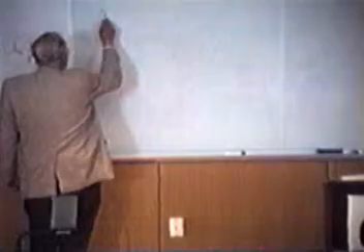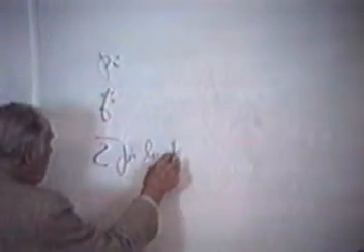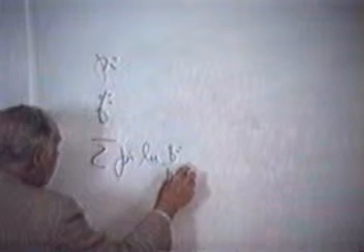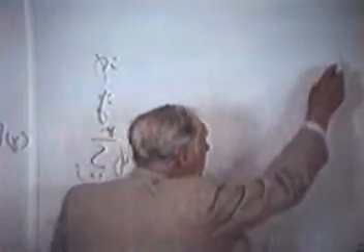Given a distribution Pi and another distribution Qi, two different probability distributions, I'm going to look at the summation Pi log Qi over Pi, i running from 1 to q, of course. Now I'm going to use an inequality.